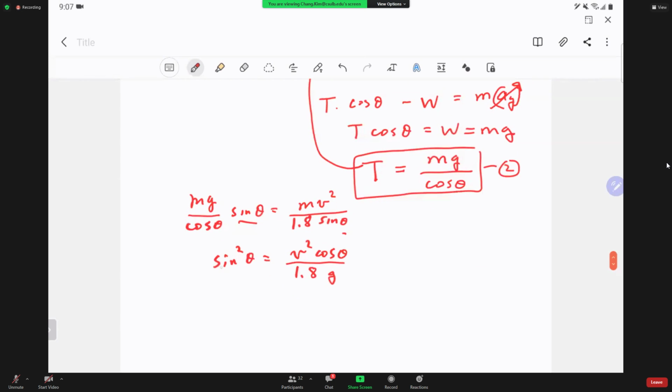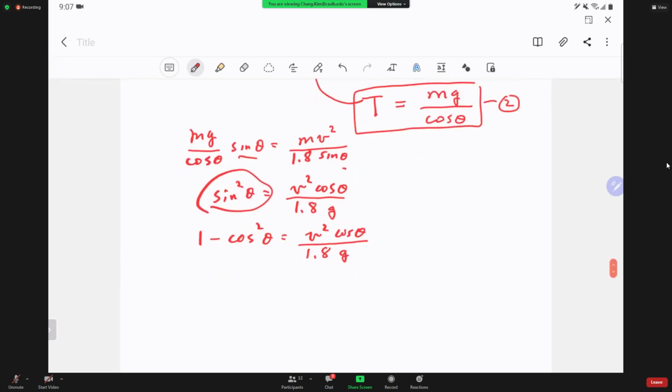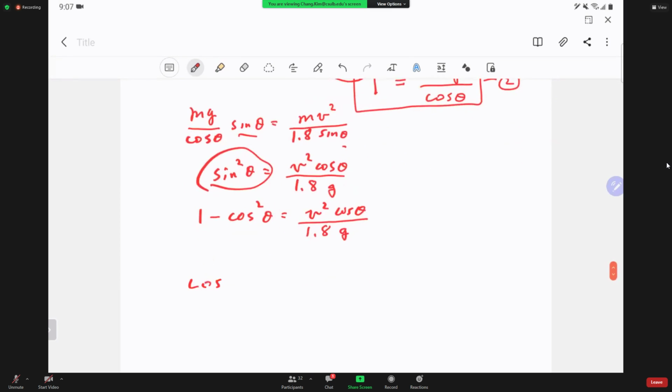Okay, now this guy is equal to 1 minus cosine squared theta, equal to v squared cosine theta times 1.8 over g. So this looks like you can put that in as cosine squared theta plus v squared cosine theta times 1.8 divided by g, minus 1, equal to 0.